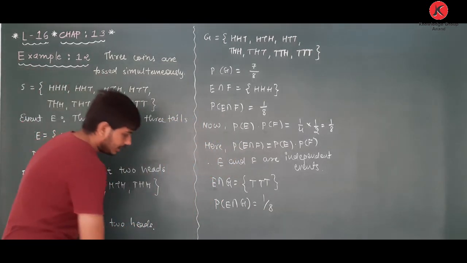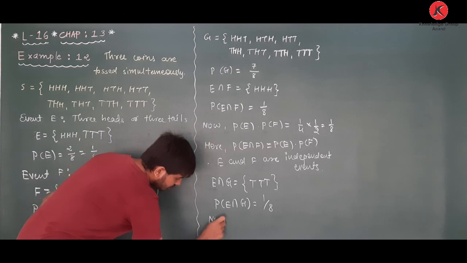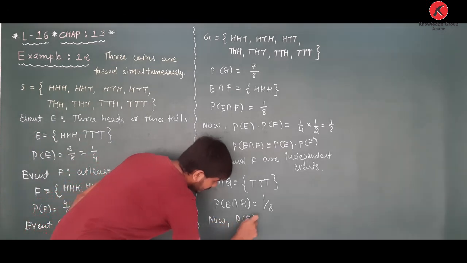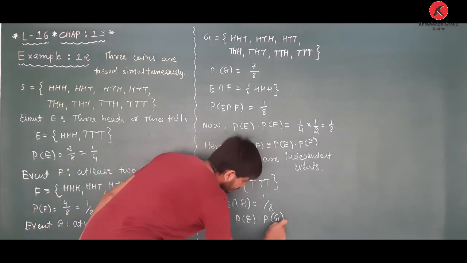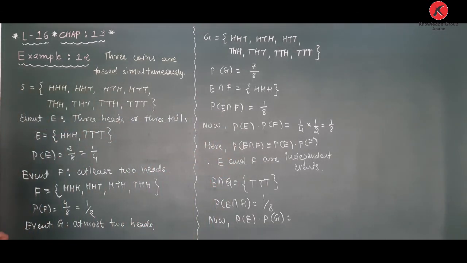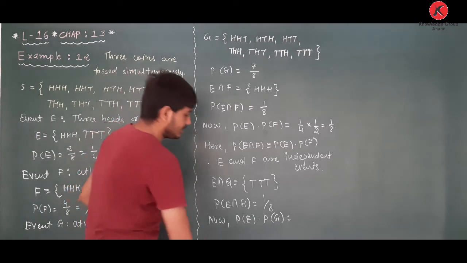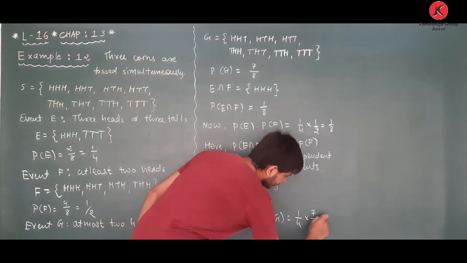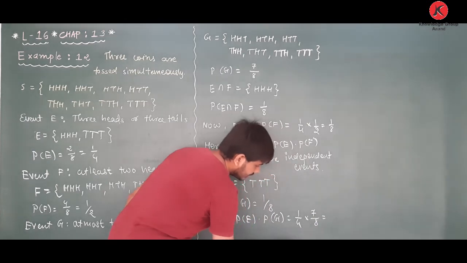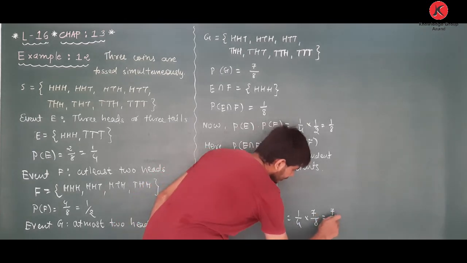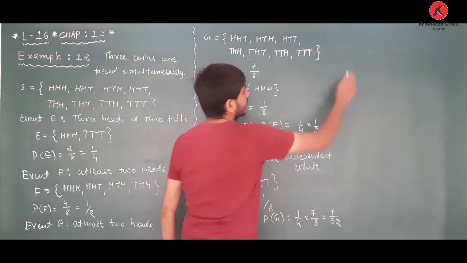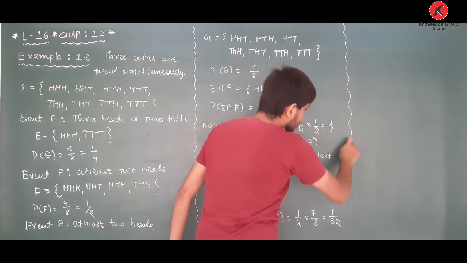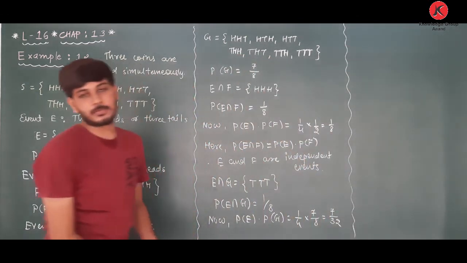Check the multiplication of probability of E into probability of G. The probability of E is 1 by 4 and G is 7 by 8. 1 by 4 into 7 by 8 gives 7 by 32.